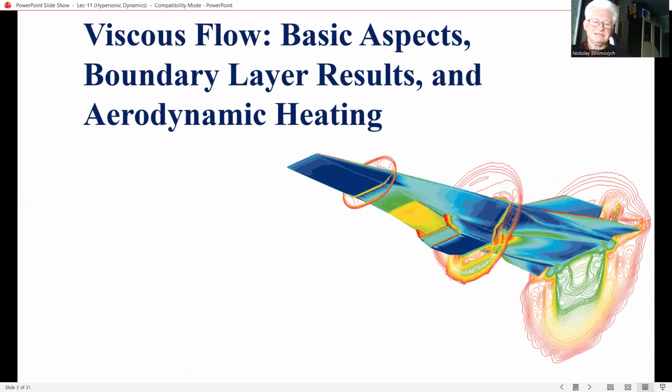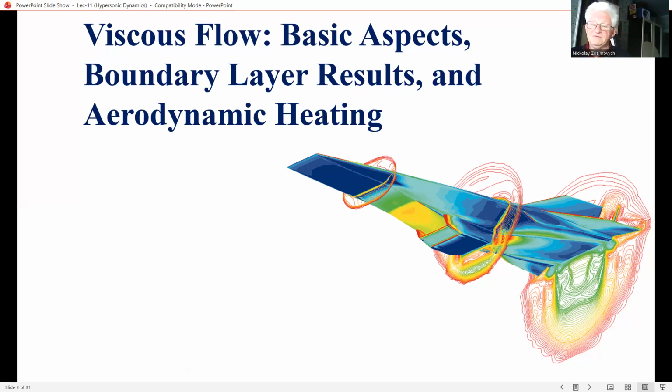So let's study some basic aspects, viscous flow and boundary layers result and aerodynamic heating. With this module, we leave the ideal world of inviscid flow and enter the real world of viscous flow.